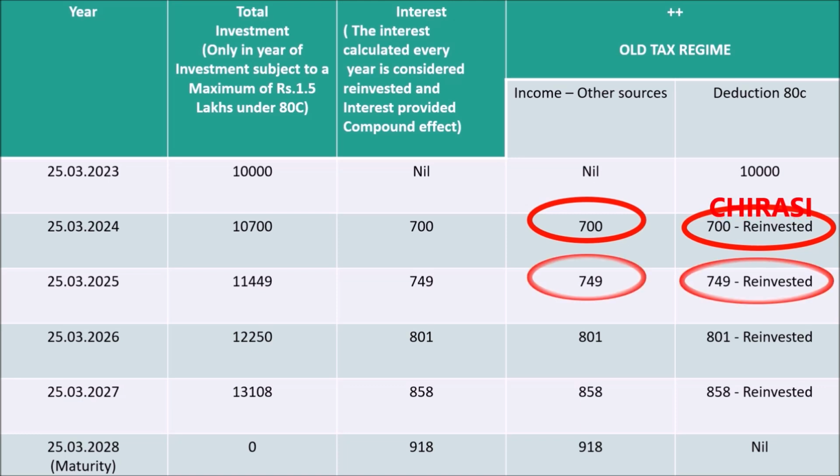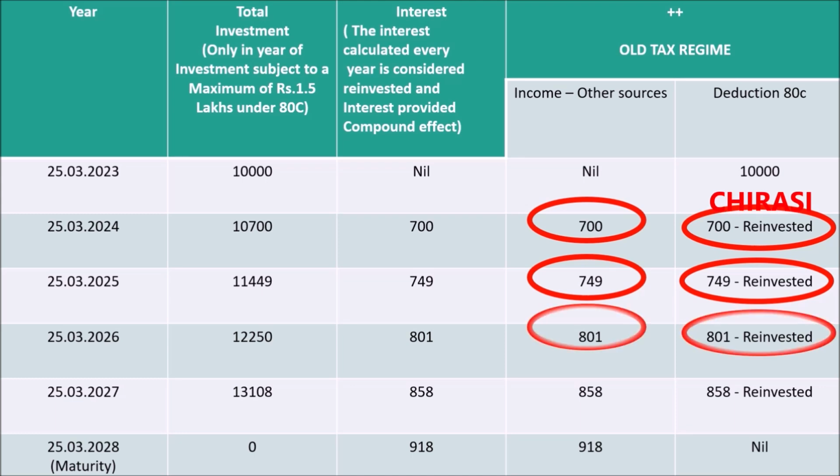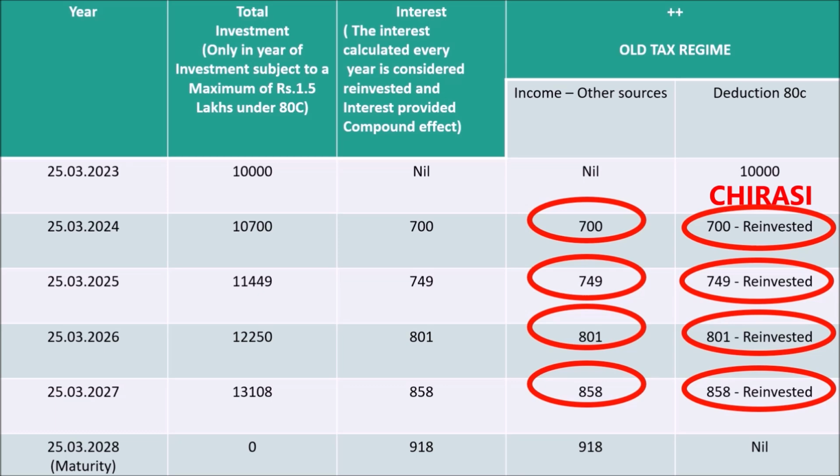In the case of 2025, it will be 749 as income, 749 as reinvest. Similarly, 801 is taken as income and 801 is also taken as reinvested. Similarly, in 27, 858 is taken as income and 858 is also taken as reinvested.